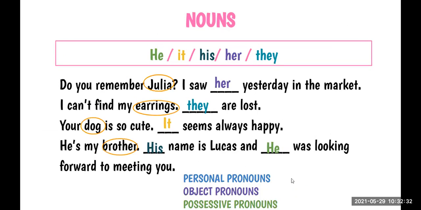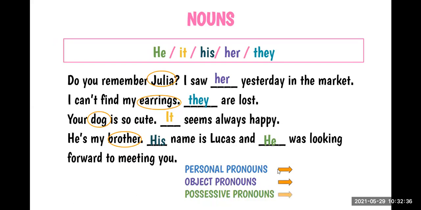So you said that the personal pronouns or the subject pronouns were he, she, it, they, you, and I, right? And we. What about the object pronouns? Do you remember the object pronouns? For he, what is the object pronoun?